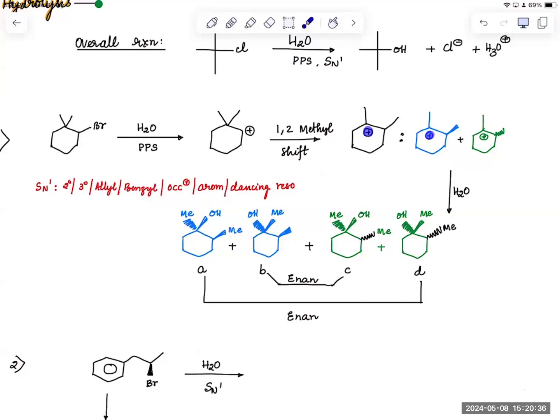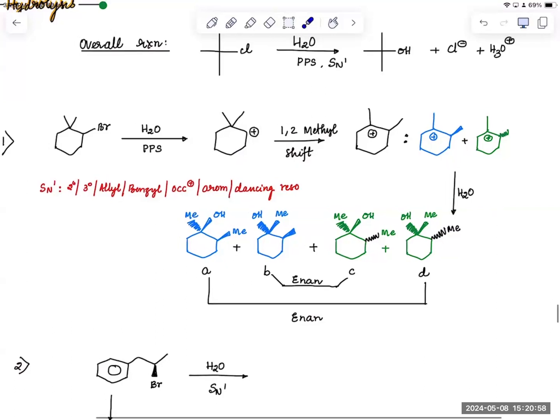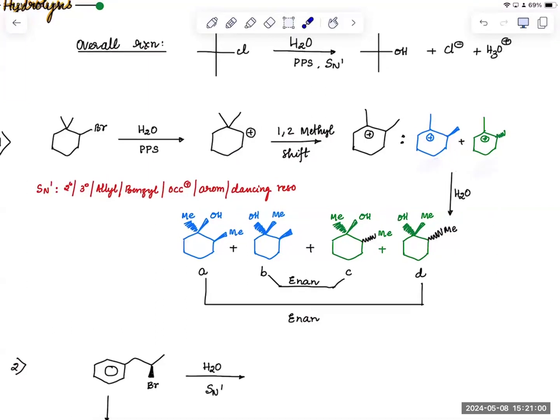And because when a positive charge comes here, it could make this methyl group come out of the plane or go inside the plane. So again, I am actually getting two different types of positive charges. So hydrolyze this one and hydrolyze this one. So what are the products you will get? Here, when you hydrolyze it, for example, let me check these two.